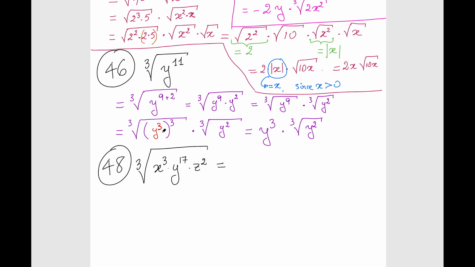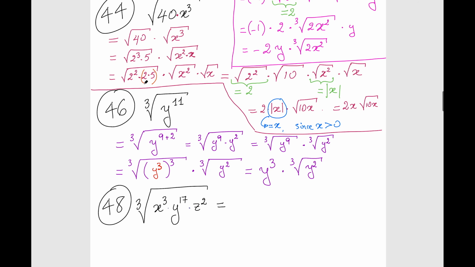Like here I just have numbers, here I have x, so I'm going to keep homogeneity within each radicand. So I deal with each variable by itself, and then I combine the simplified version of each at the end of the day. All right, so let's split them up.